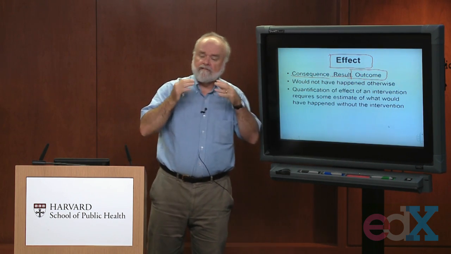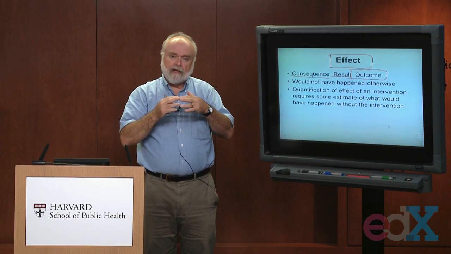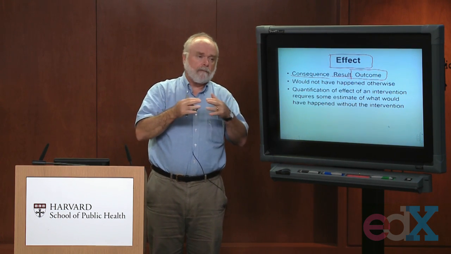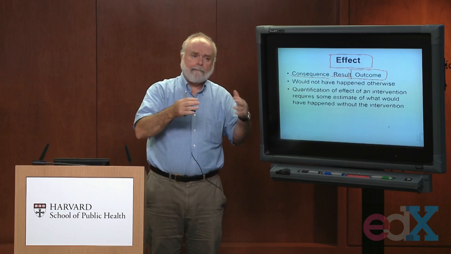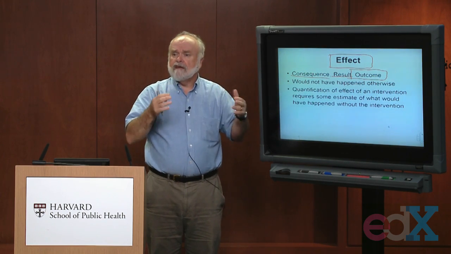Well, if we're thinking about effects, and we're trying to measure these effects, we have to be thinking about what would have happened if this cause did not exist. So when we quantify the effect of an intervention, say, what we're trying to do is estimate in our minds what would have happened if this particular cause did not exist.